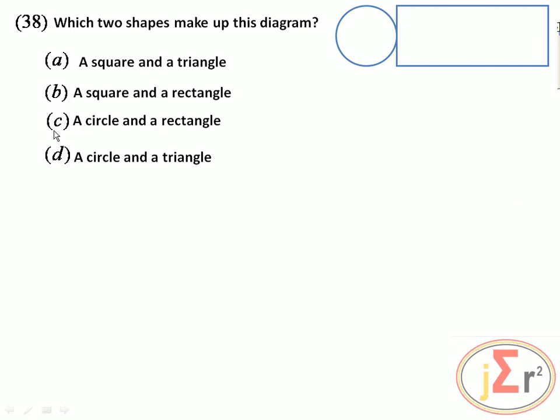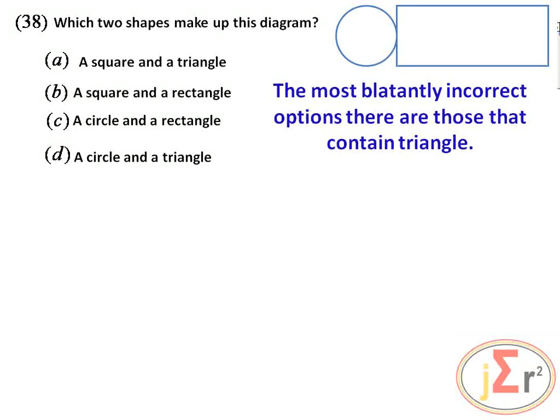The correct answer is option C. The most blatantly incorrect options there are those that contain triangle. We can see right away that they are incorrect. That is a triangle.